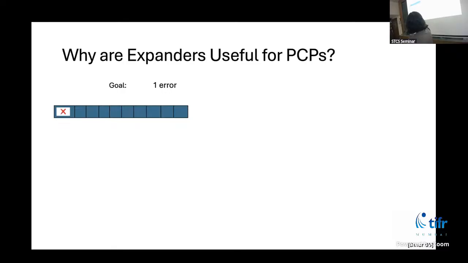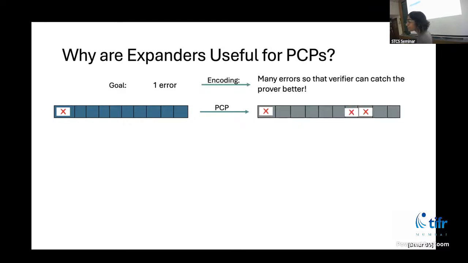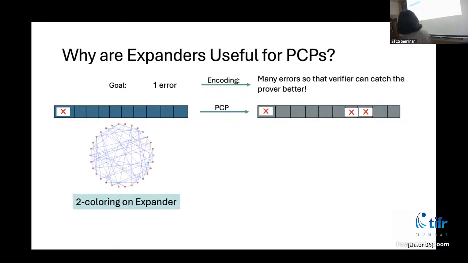Our goal in a PCP is to take some proof with one error and encode it into a proof which is more redundant and has many errors spread across the proof. Let's be more formal. Imagine we have this 2-CSP, which is just 2-coloring on an expander graph. In the yes case, it's 2-colorable.